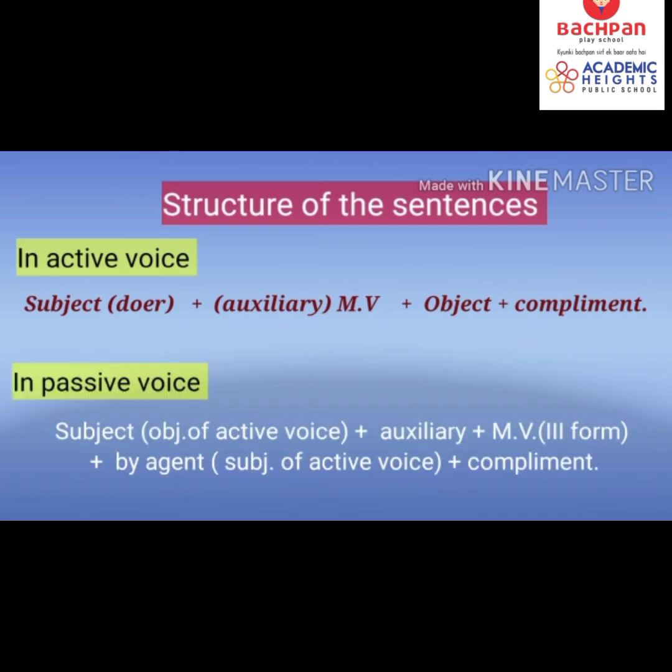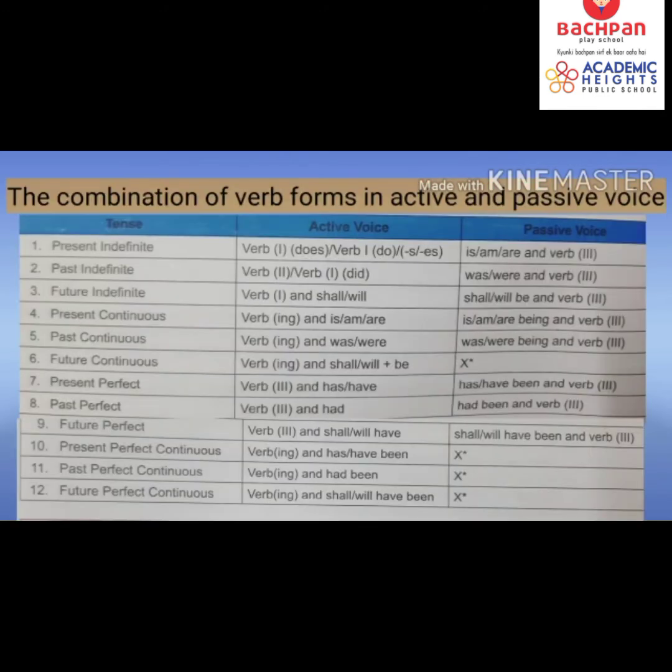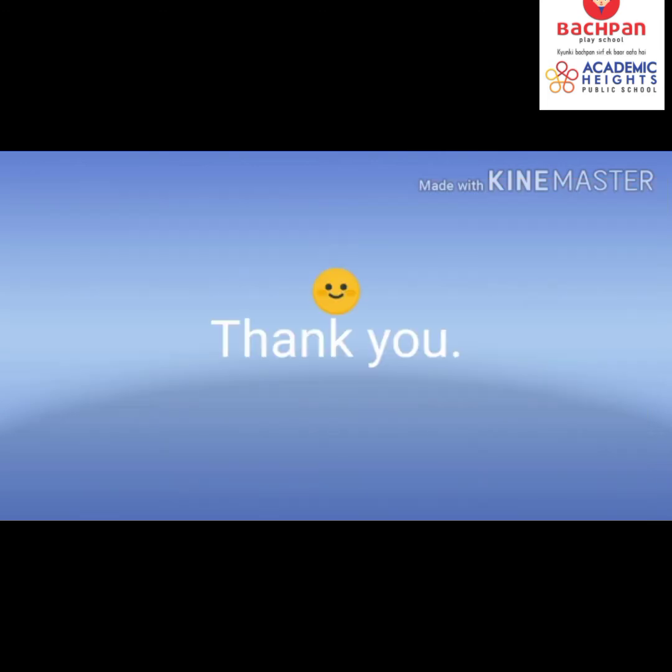And a sentence in the passive voice is based on the following structure: subject plus auxiliary verb plus main verb in the third form, that is the past participle, plus the preposition by, and then the agent. Agent means the subject which we use as an object in passive voice. After this, we will understand the combination of verb forms in active and passive voice. So this table will help us to change sentences into passive voice. In the next video, we will understand the transformation process of various kinds of sentences in active and passive voice.